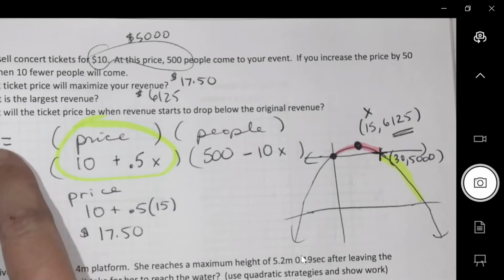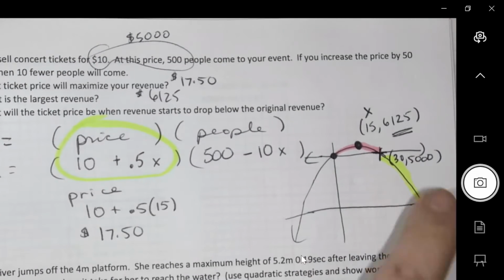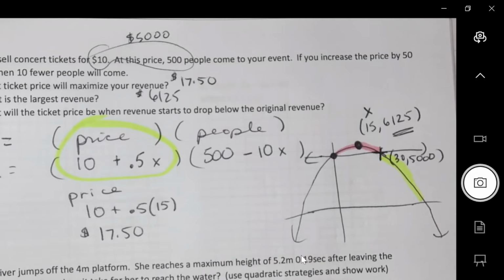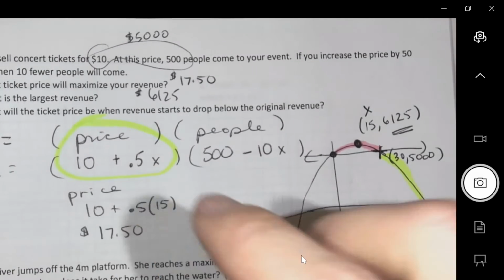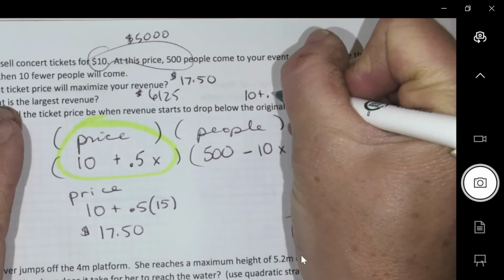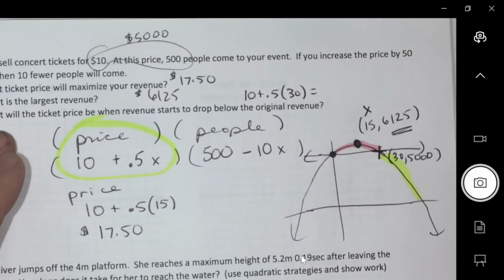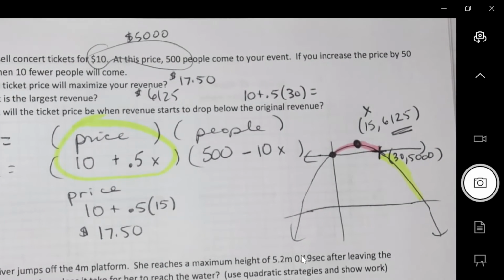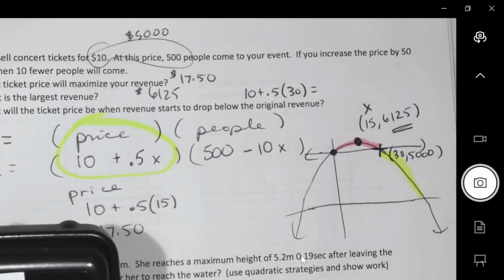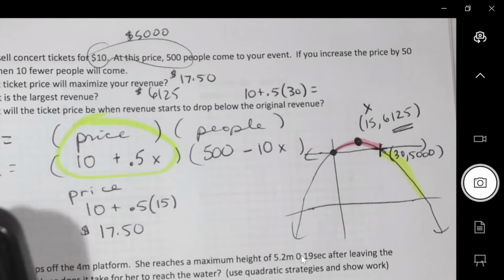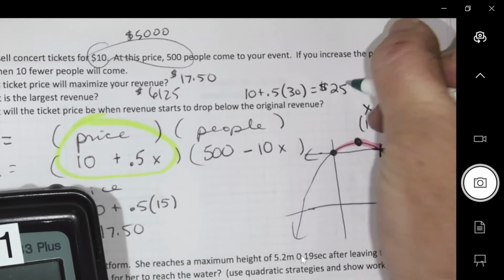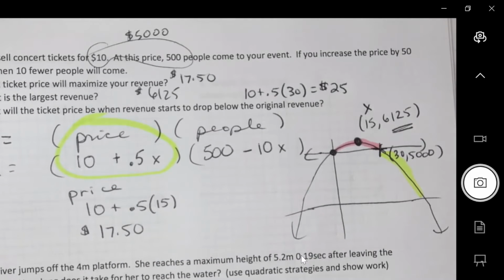Okay, so my answer is not 30, because I said what's the ticket price. So you're going to have to go into the ticket price and plug in a 30 there. So a $25 ticket would be the highest ticket price you can do before now you're just going to be starting to lose money. So don't go over that.